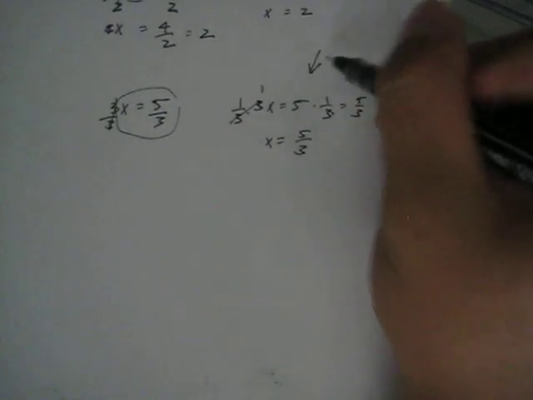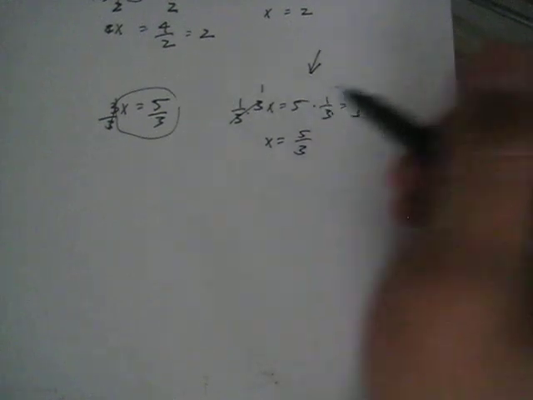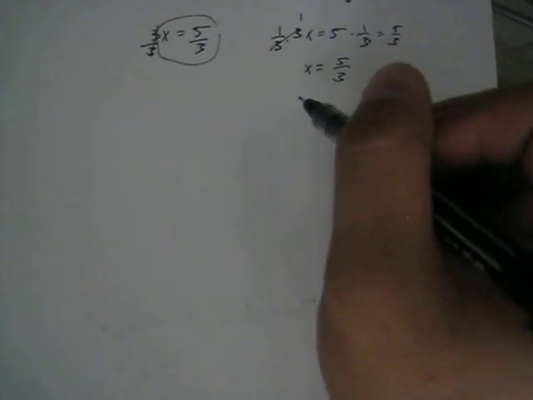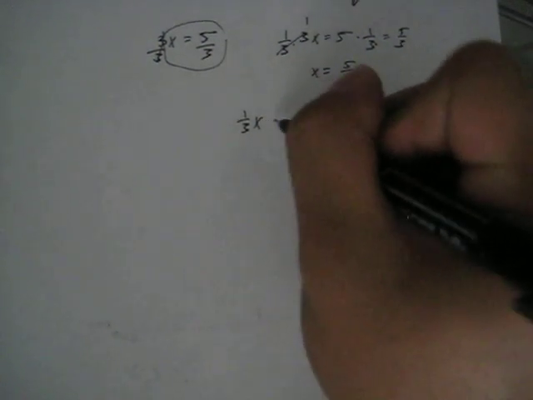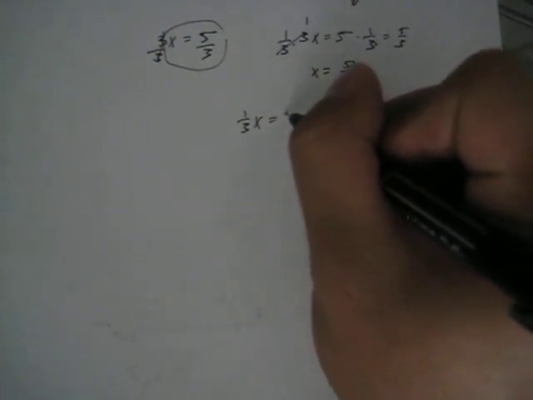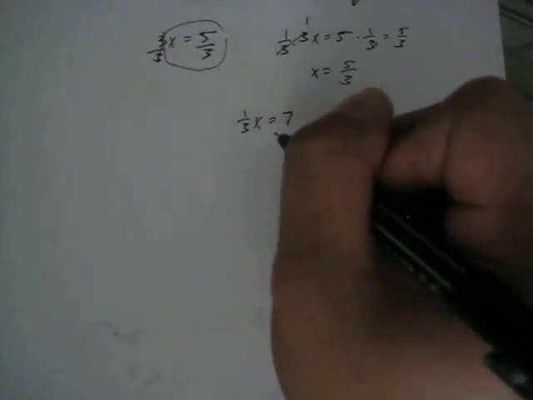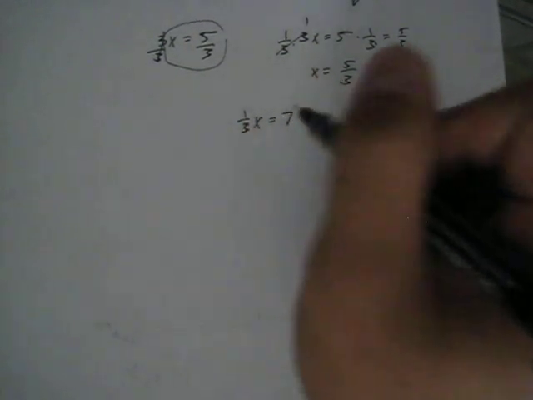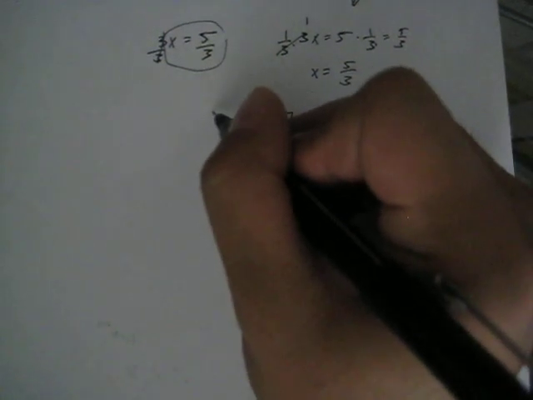Now, although the fraction part seems confusing, why is it important? Well, it's important in case your coefficient in front is actually a fraction. So if you have something like 1/3 x equals, let's say, 7, what do you do? You can divide by 3, but that would make this messy. The easier thing to do is multiply by 3. Why 3?